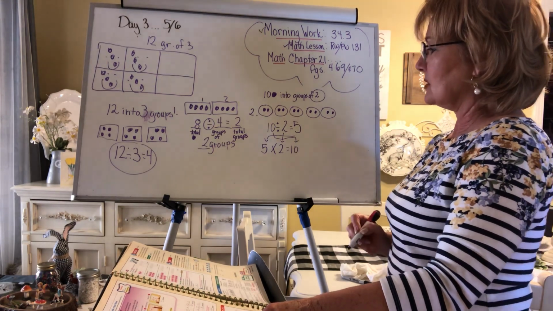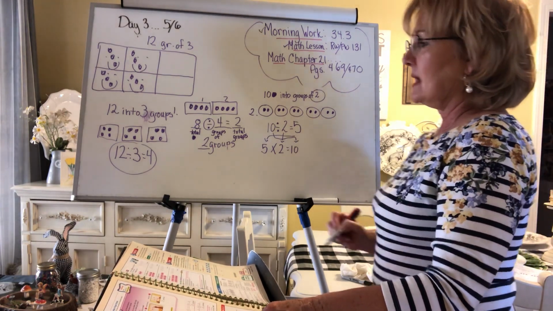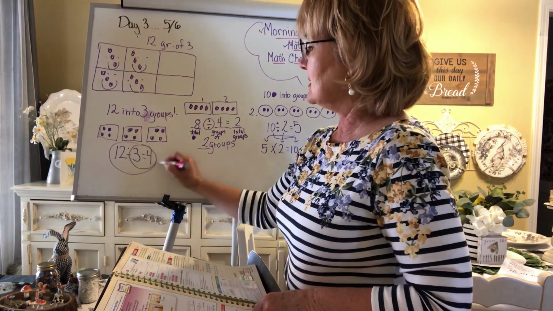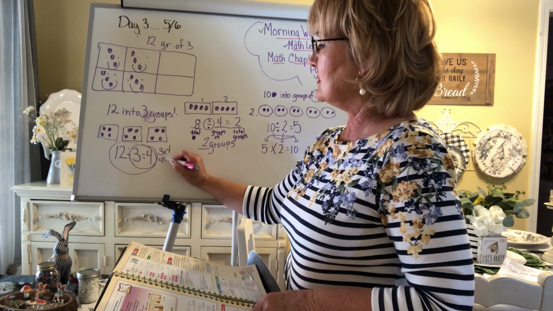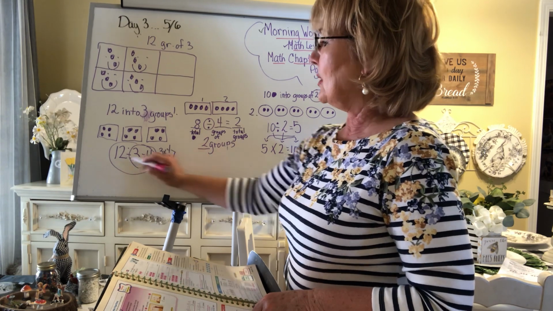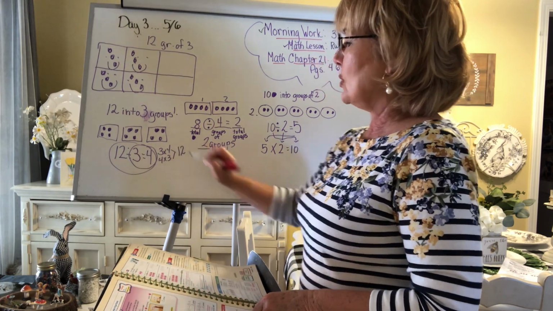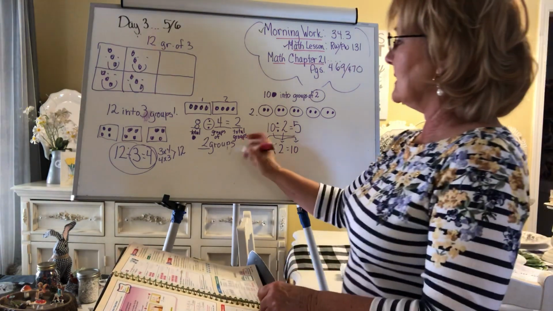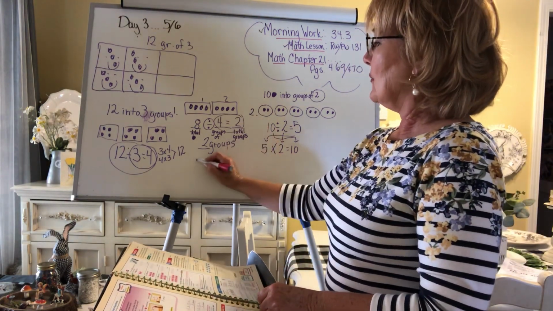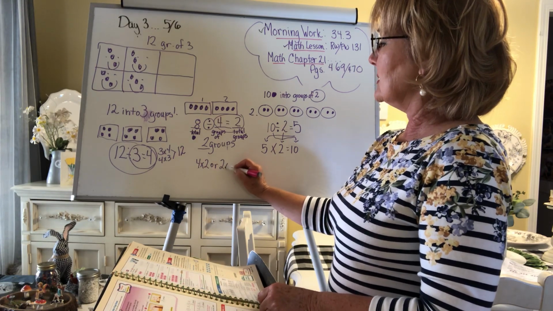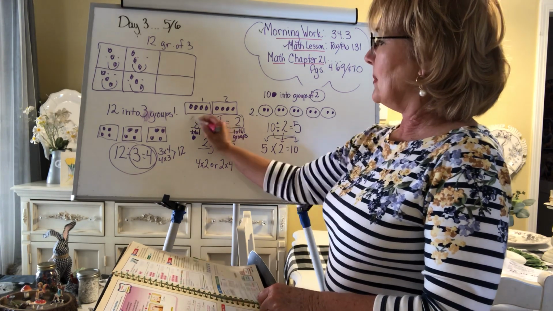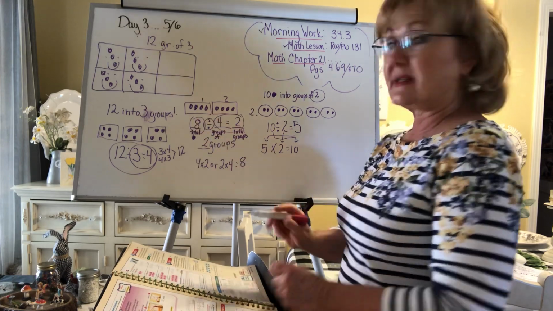That's how multiplication and division are related. Same here. If you take these two numbers, 3 times 4 or 4 times 3, they will both equal what? 12. Totally related. If you take 4 times 2 or 2 times 4, they will both equal 8.